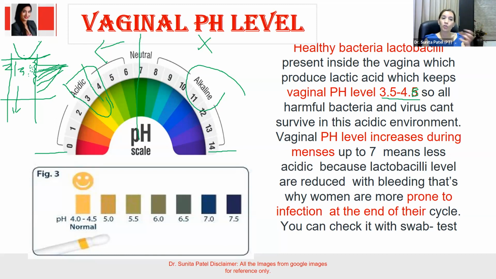So during periods, our vagina is not acidic in nature, which means the vagina is more prone to developing infections at that time. Unhealthy bacteria can grow because the vagina is neutral, 6 or 7, as per the pH level of the blood. So those 4 or 5 days of periods can affect our vaginal ecosystem.